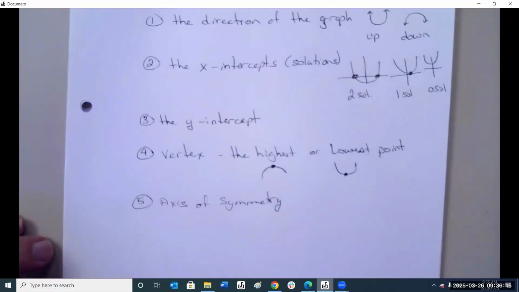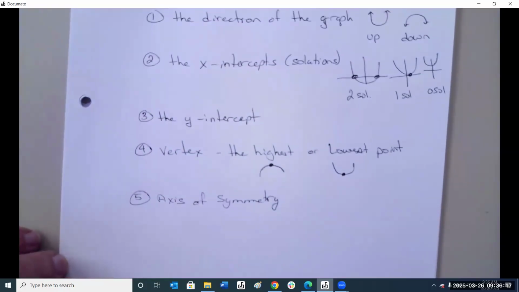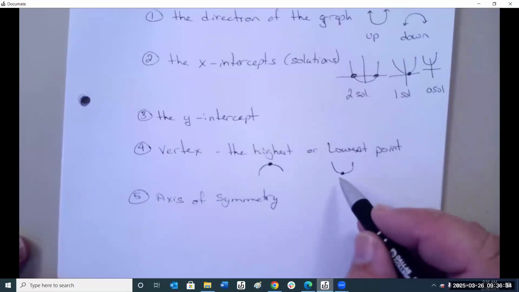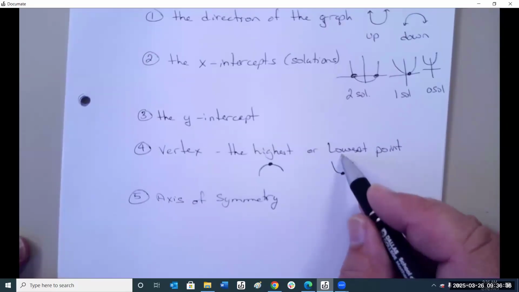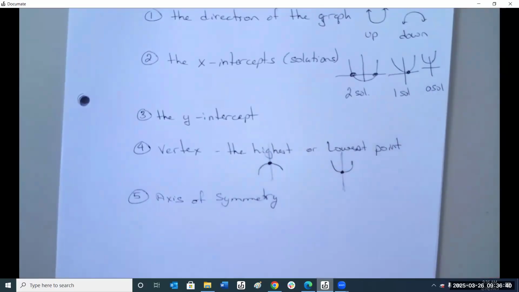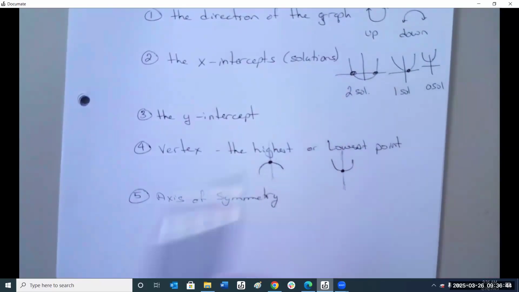And five, we have to know the axis of symmetry. All quadratic equations, the graphs of them, because the graphs are parabolas, they're symmetric about the vertex. They're mirror images around the vertex.